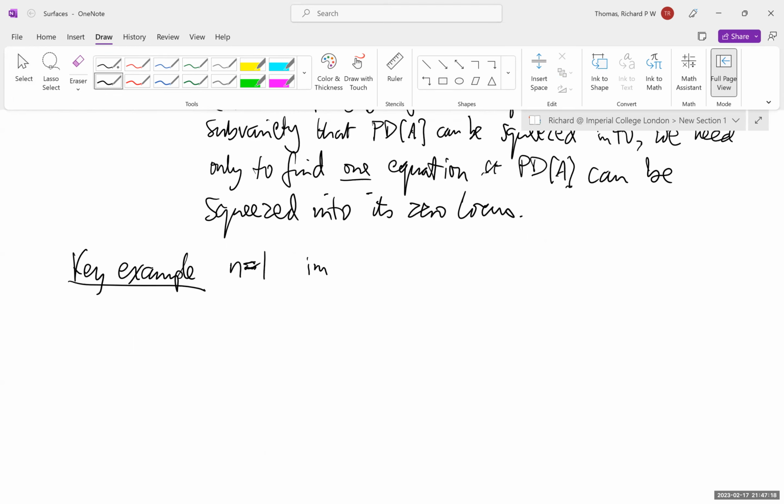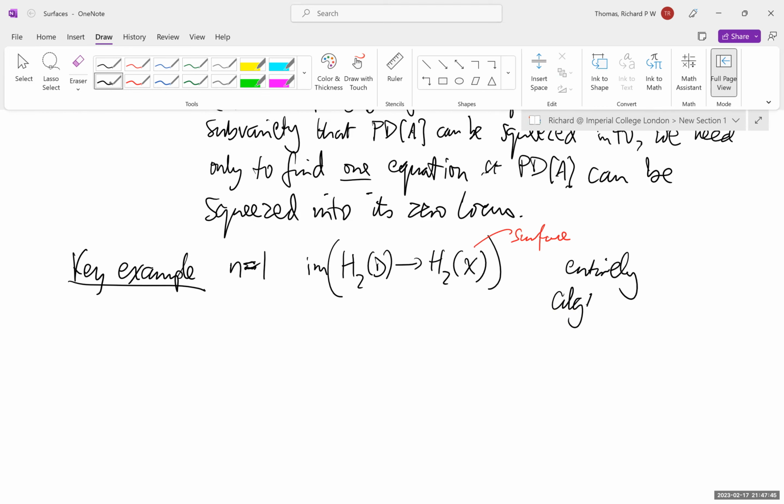And we're trying to find a curve containing our two-dimensional homology class. So in this case, the image of H_2(D) goes to H_2(X), where this is a surface. So it's an even dimensional complex surface. Okay, this is all automatically entirely algebraic already.